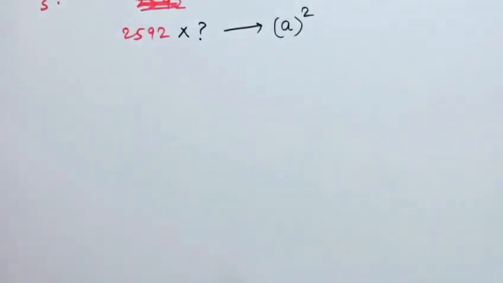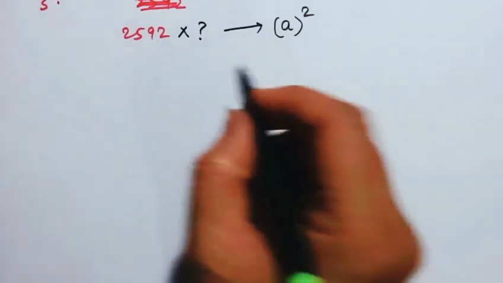So first of all we will disintegrate this 2592.